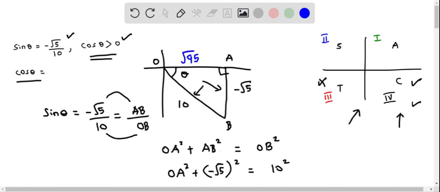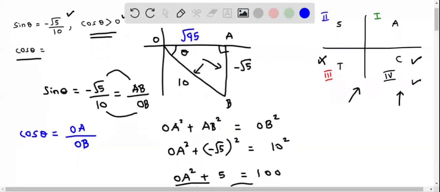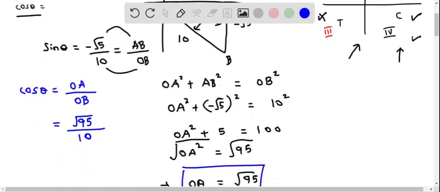Cos theta equals the adjacent side, OA, over the hypotenuse, OB. Substituting OA, which is the square root of 95, this becomes the square root of 95 over 10. So therefore this is the value of cos theta.